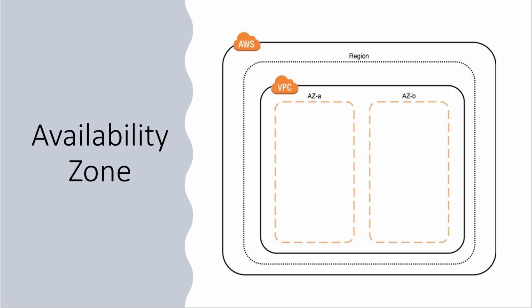These availability zones have independent power, cooling system, and also physical security. They are connected to each other with a redundant, low latency fiber optic network. There are between 3 to 6 availability zones in each AWS region. For example, US East 1 in Virginia has 6 availability zones.